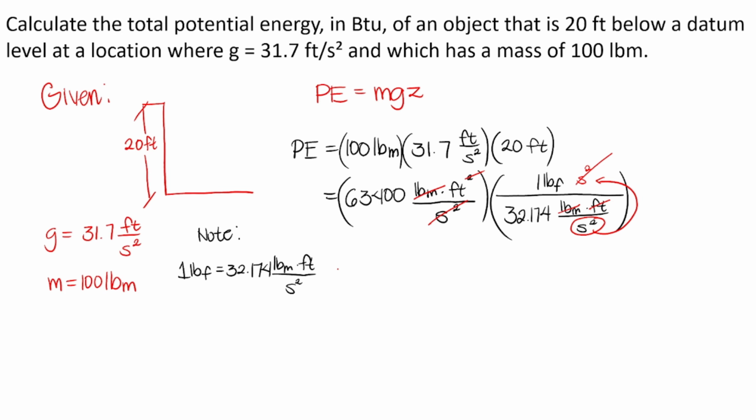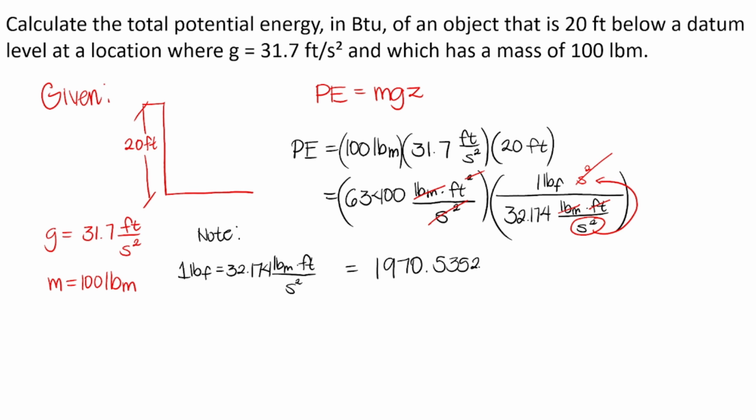So, 63,400 divided by 32.174 is equal to, pressing that into your calculator, 1970.5352.